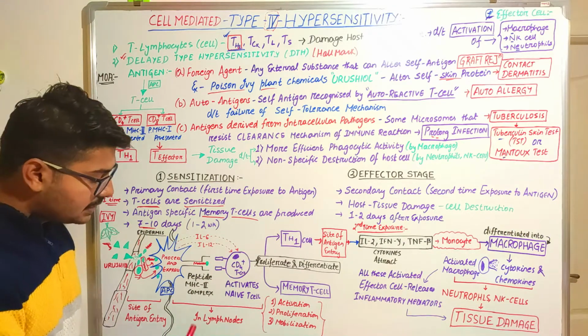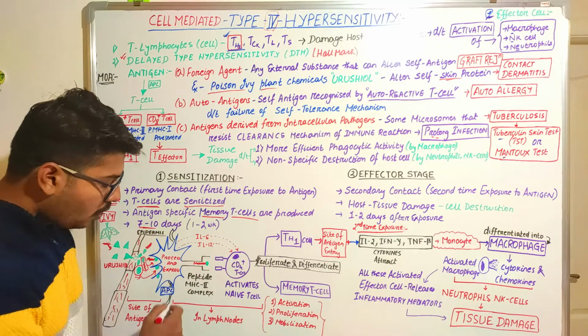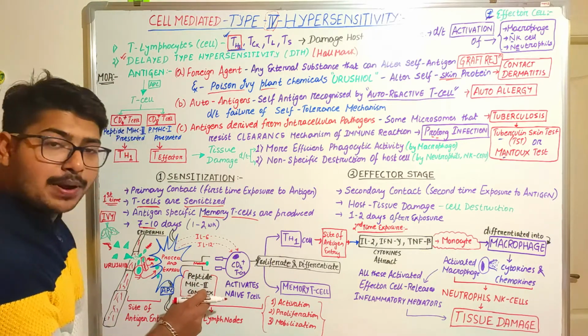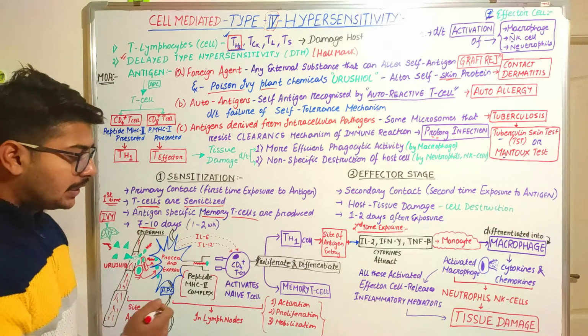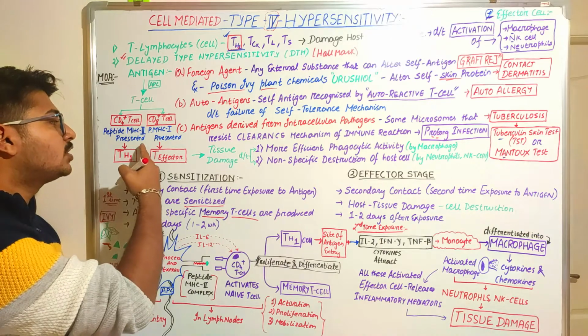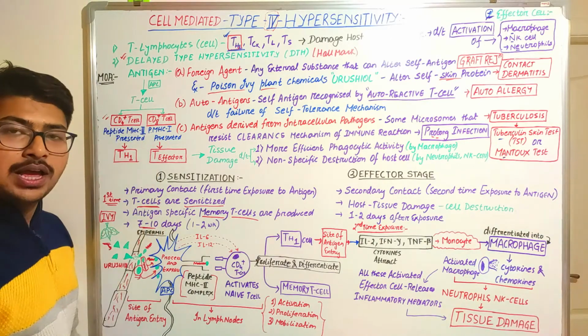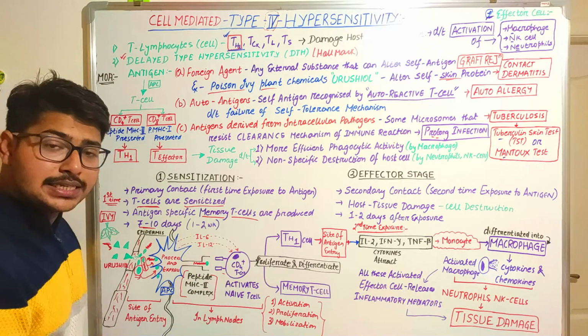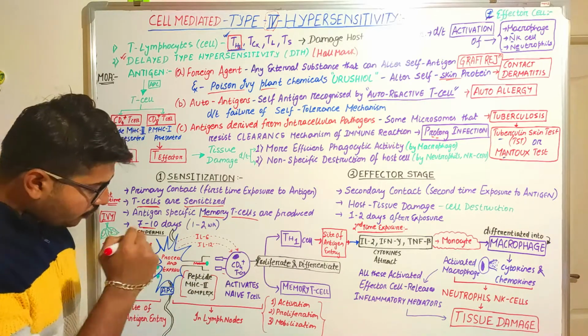So it processes and expresses the antigen, forming a peptide MHC2 complex. As I have already said, according to the type of peptide presentation, there will be stimulation or activation of different kinds of T cells. Here in this case, it's going to activate the CD4 T cells.